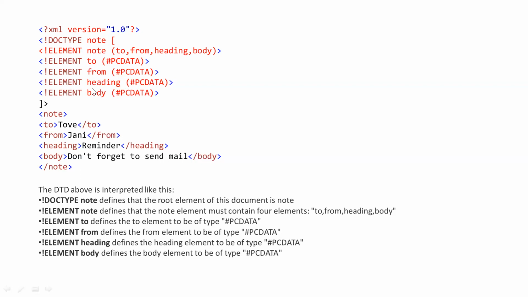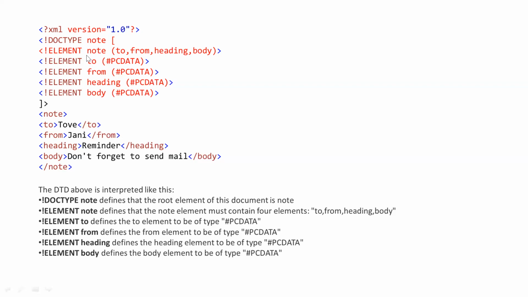Whenever you want to define the root element and sub elements, this is the syntax: exclamation mark, ELEMENT, then the element name, and what type of data. You can mention the type of data, or you can mention ANY, or you can mention sub elements if it has sub elements.